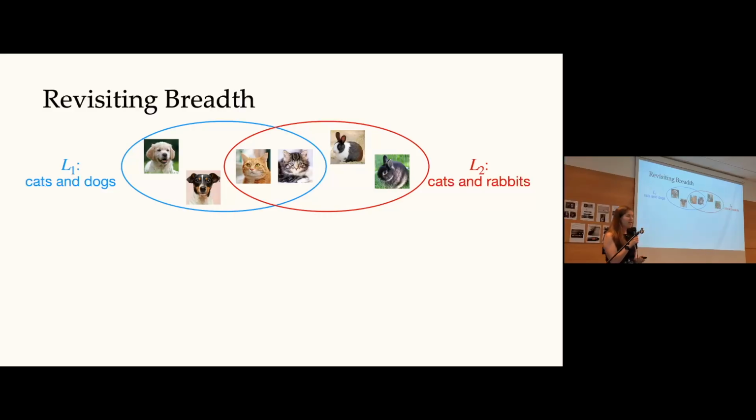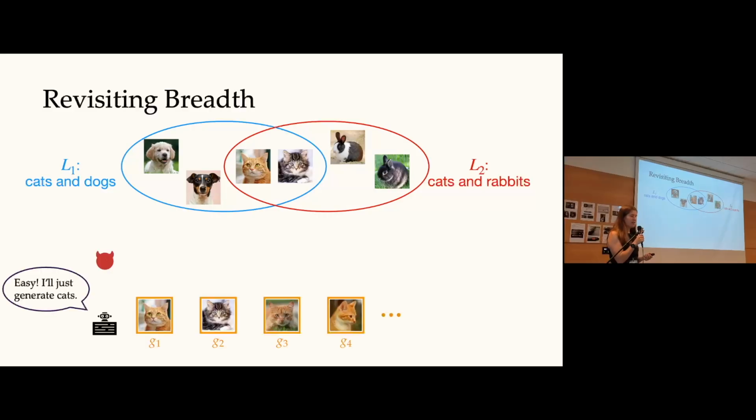A smart generator could leverage this to start generating validly from the true language without seeing any examples at all from the adversary. It could just generate a bunch of cats. As we've been talking about, this clearly doesn't have much breadth. It's not capturing either dogs or rabbits.